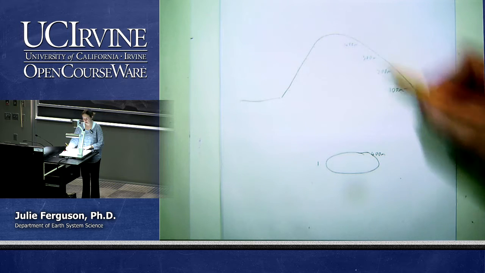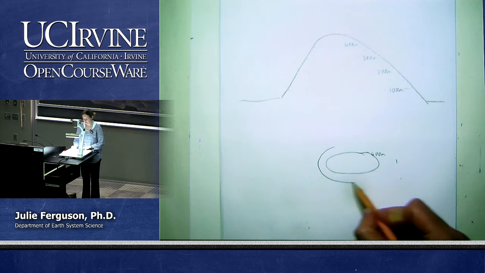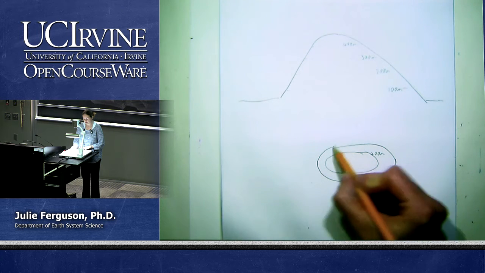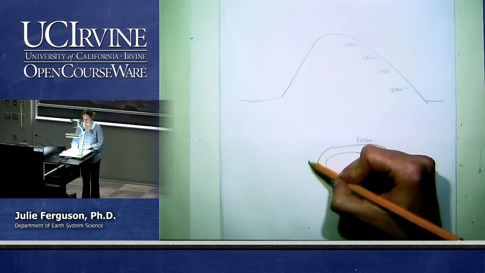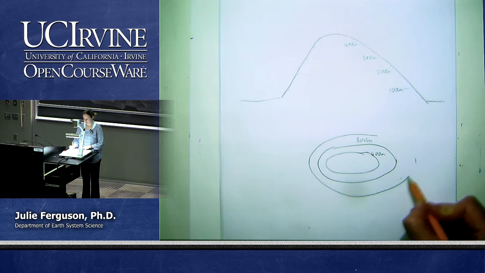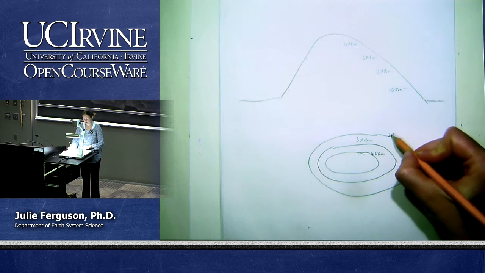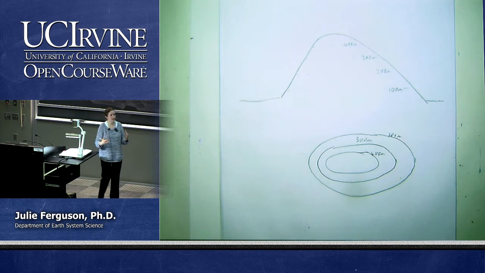It's further away on this side, okay? So here's my 300-meter contour line. And then we can do the same for 200 meters. So we see something very different when we look at it from above. Those are basically what we're doing.